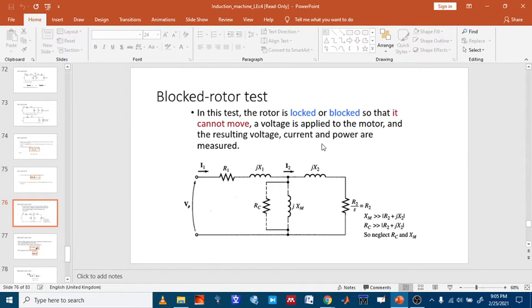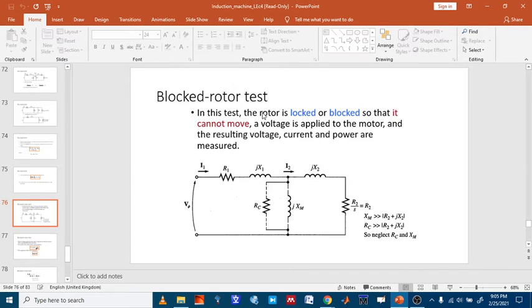Blocked rotor test. In this test, the rotor is blocked or locked so that it cannot move. Voltage is applied to the motor and the resulting voltage, current, and power are measured.